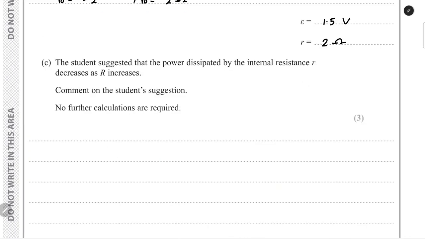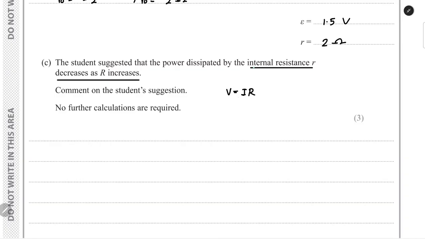Now for part C, we are told that the student suggested the power dissipated by the internal resistance decreases as the resistance over here increases. If capital R increases, we know that V is IR. Here, the equation is for the whole circuit.